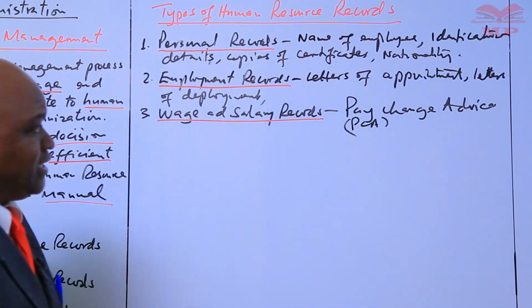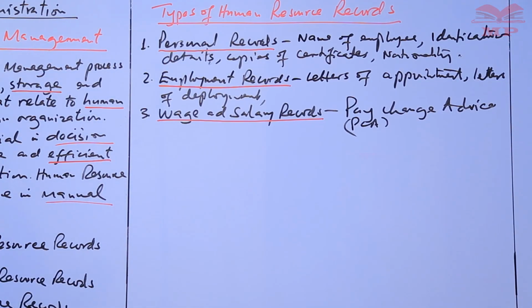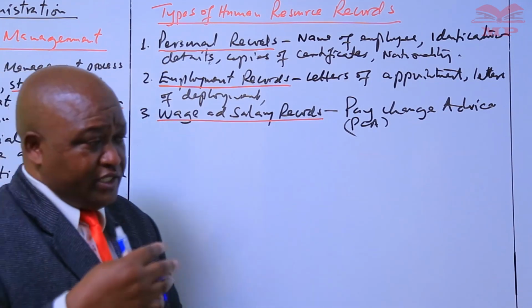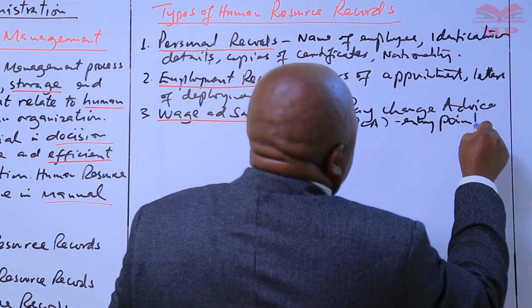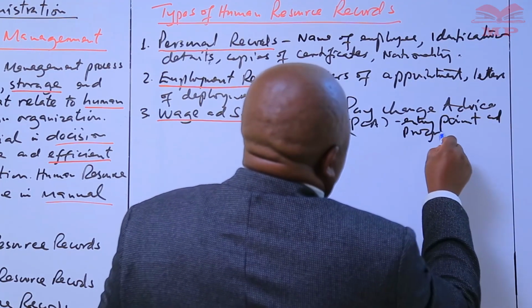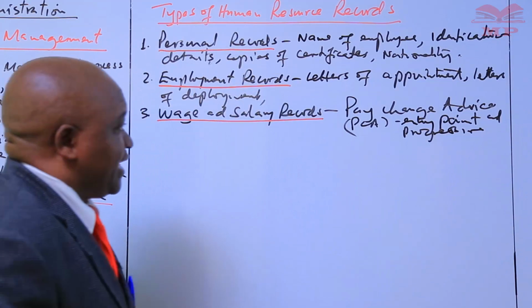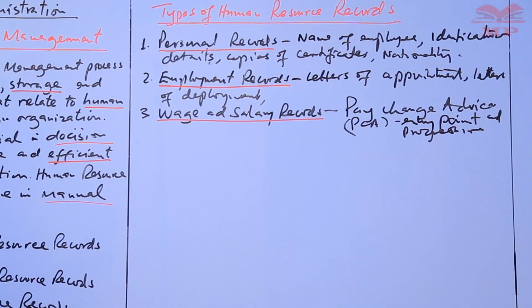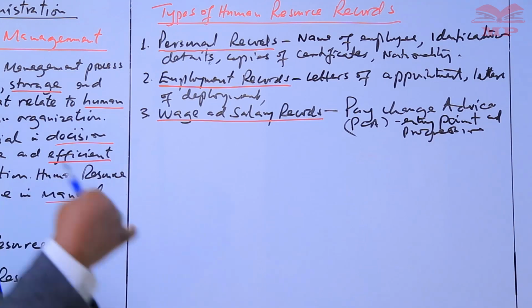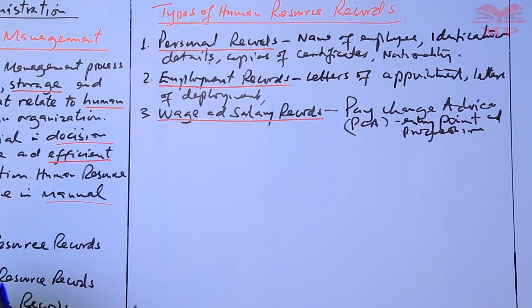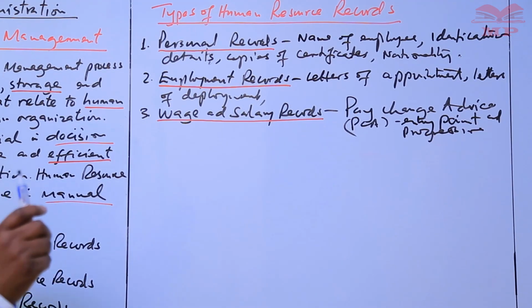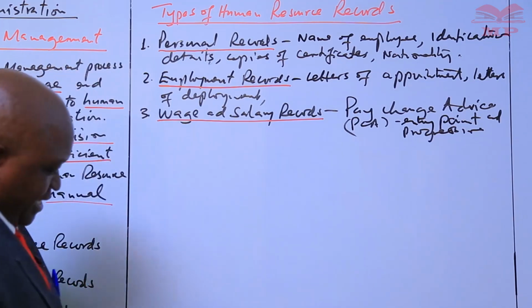So this PCA is the one that will provide the wage and salary records of this particular employee, at which level, for example, entry point, and progression. These wage and salary records will indicate this is the entry point of this particular employee. After 1 year, the employee will move up to this particular position. The employee will progress maybe for the next 2 to 3 years, then move on to another grade. So wage and salary records are important for proper decision making as far as the employee's salary and benefits are concerned.